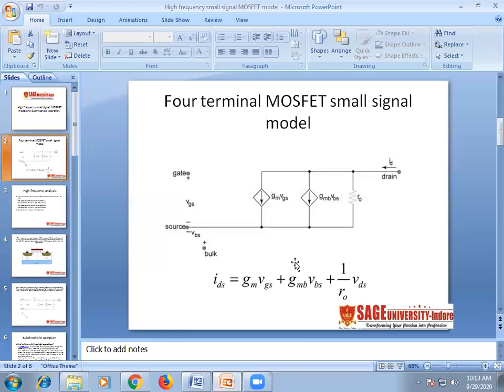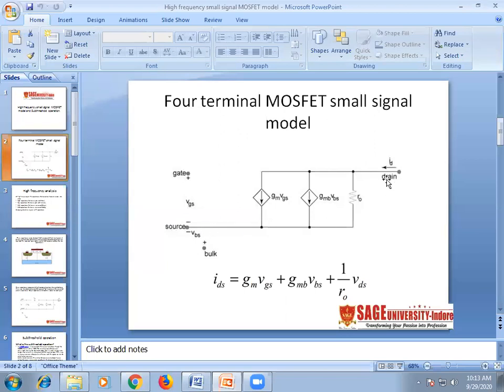Okay, and at the output of the device a resistance RO is present, and that resistance also offers a current. This resistance is present between the drain side and the source side.